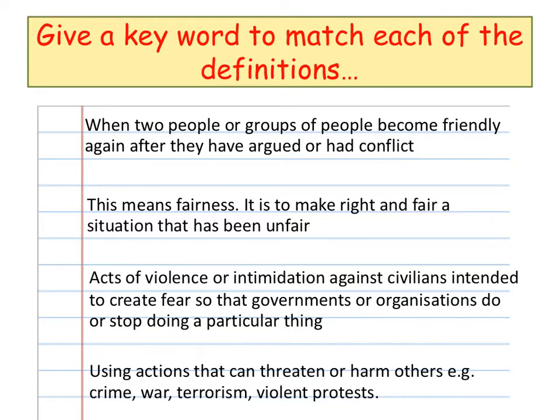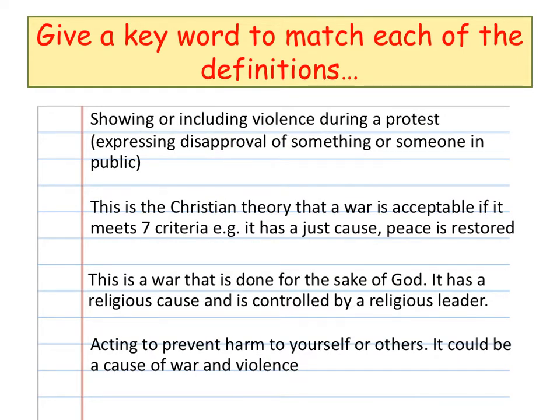Number 7, acts of violence or intimidation against civilians intended to create fear so that governments or organisations do or stop doing a particular thing. Number 8, using actions that can threaten or harm others, for example, crime, war, terrorism or violent protests. Number 9, showing or including violence during a protest, expressing disapproval of something or someone in public.